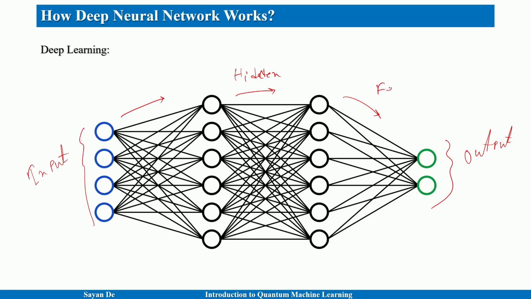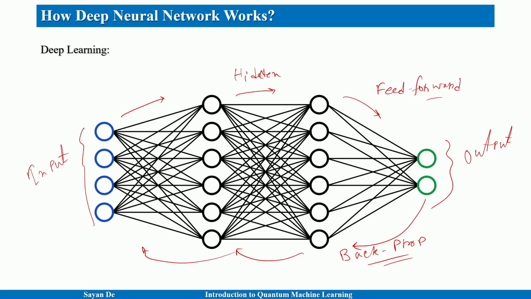This is called a feed forward network. Now at the output part, the model calculates the error, and based on the error, it recalculates the weights to update the parameters and to learn. This learning algorithm is called back propagation or backprop. If you want to learn more about back propagation, I have already made a video on that, and the link will be in the description box below. Please look into that.